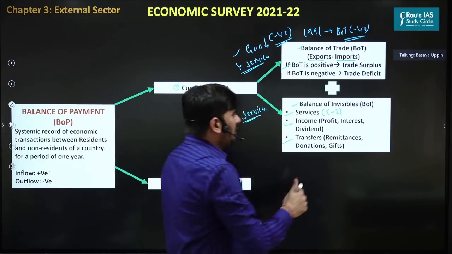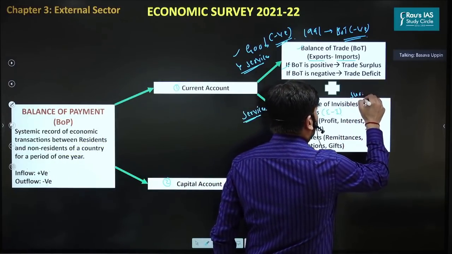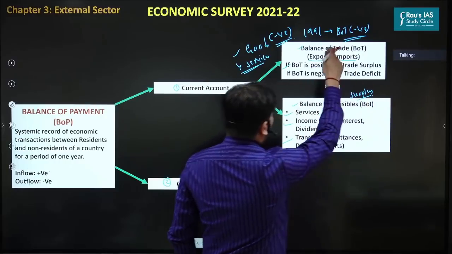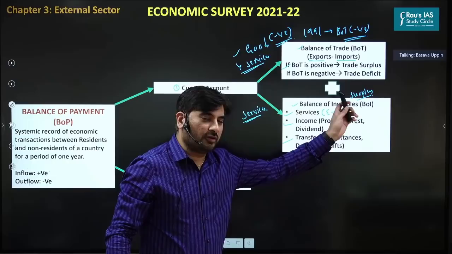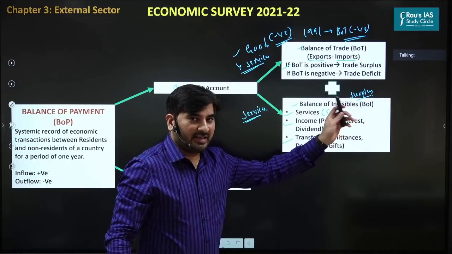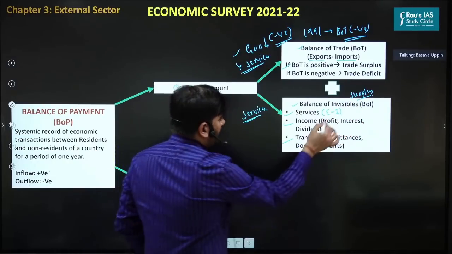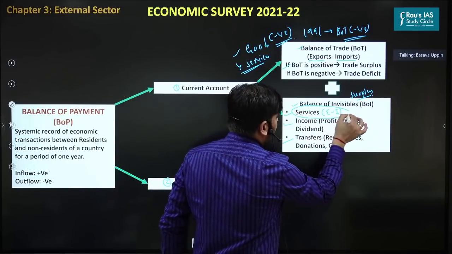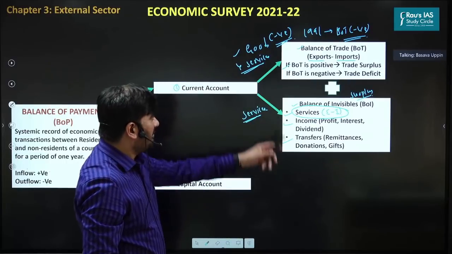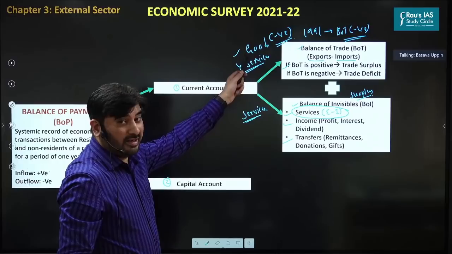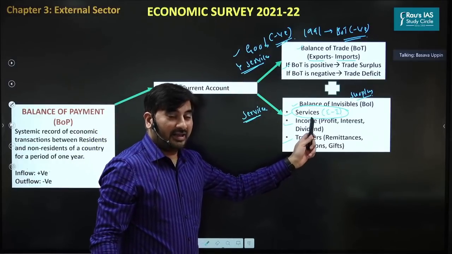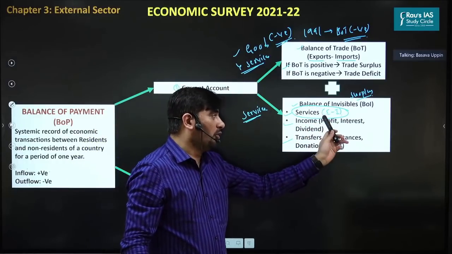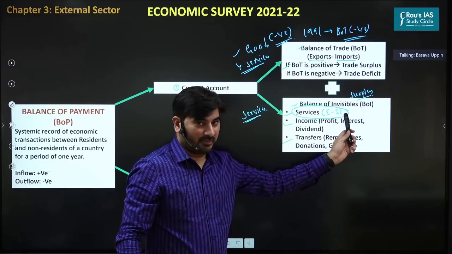This particular account is usually in surplus for India. So balance of trade is usually in deficit, whereas balance of invisibles is usually in surplus. The reason being, India is one of the largest exporters of services. So balance of trade is usually in deficit for goods, but when you look at services, it is in surplus because we export more than what we import.